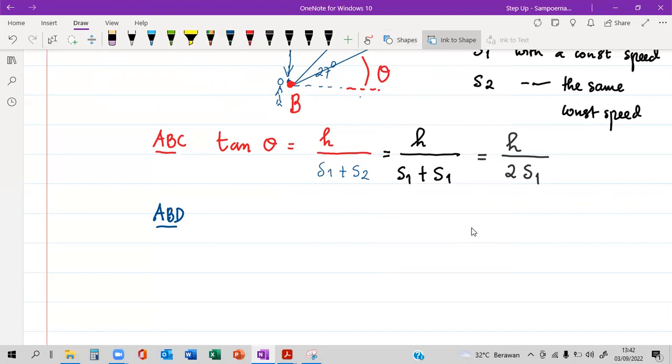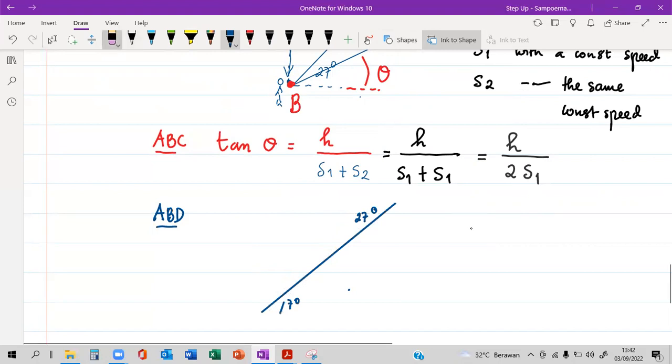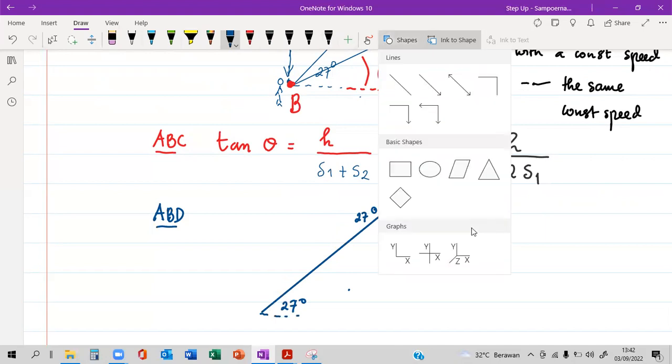This is ABD. This is 27 degrees, just like here, 27 degrees.